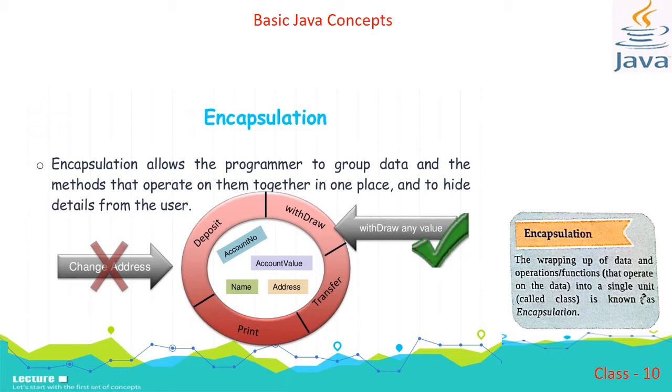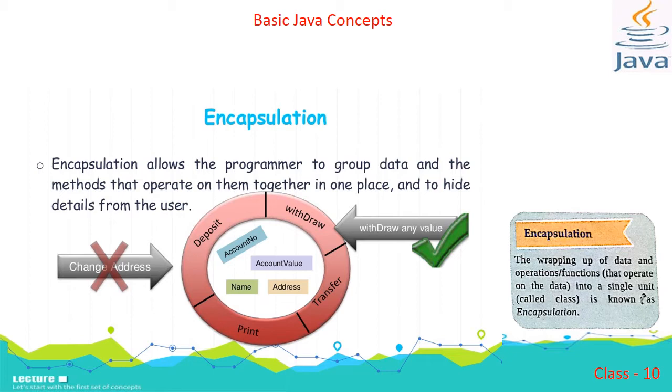They have also provided a mechanism, a remote, through which we can operate it. We can give instructions to the TV on how it has to be operated. So that is again an example of encapsulation.